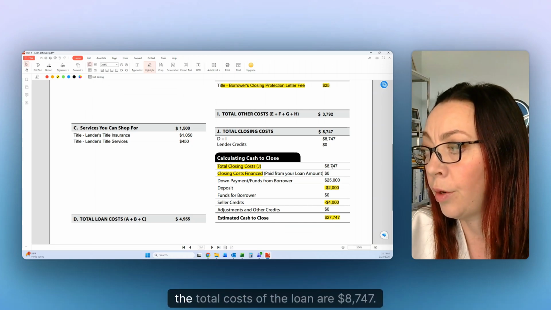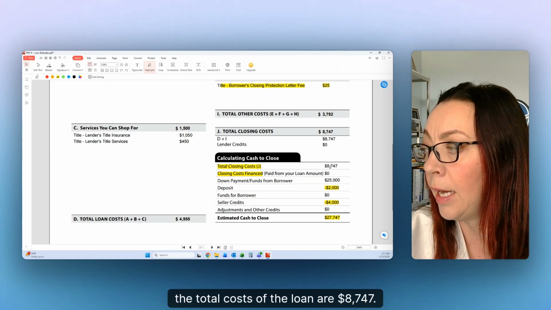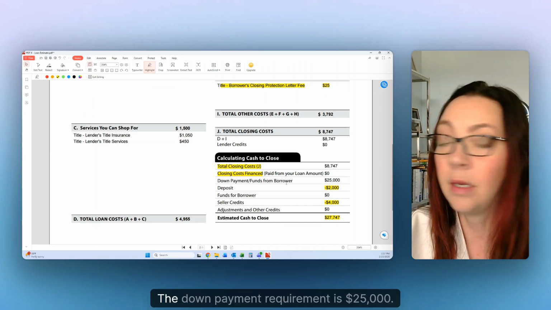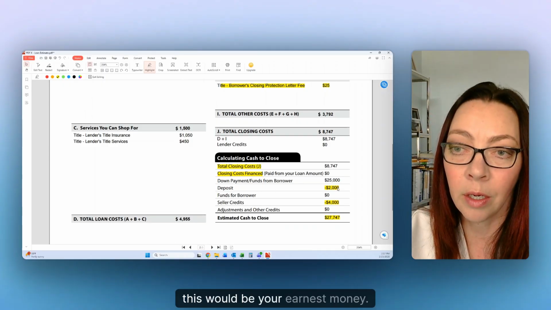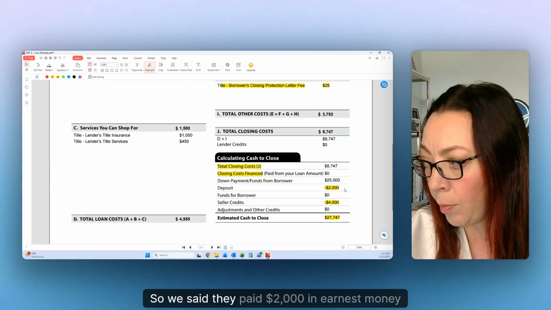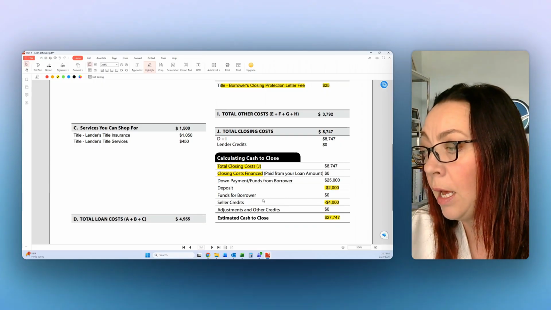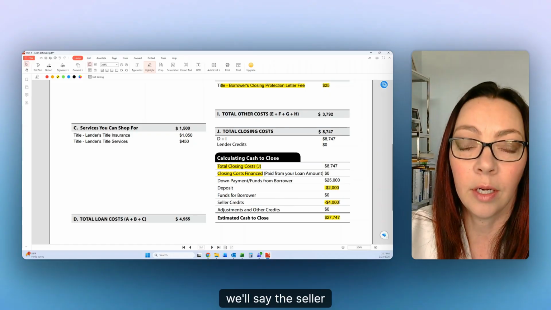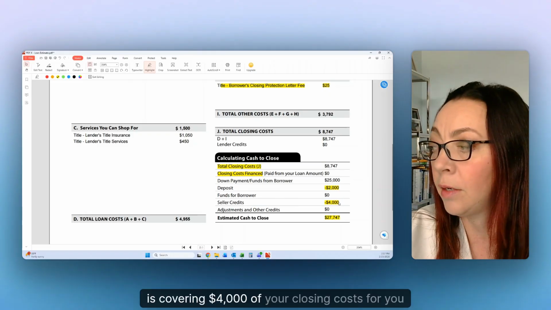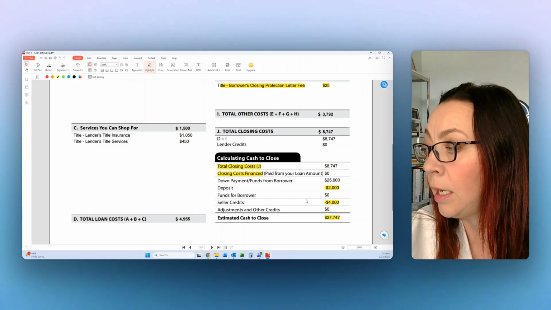So in this scenario, the total costs of the loan are $8,747. The down payment requirement is $25,000. Deposit, this would be your earnest money. So we said they paid $2,000 in earnest money already. And then other credits. We'll say the seller is covering $4,000 of your closing costs for you from their side.